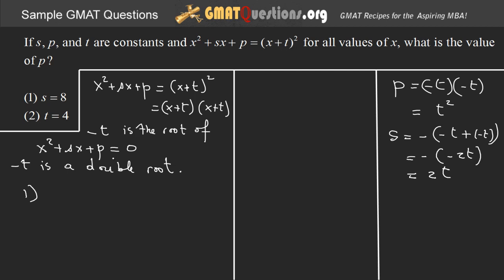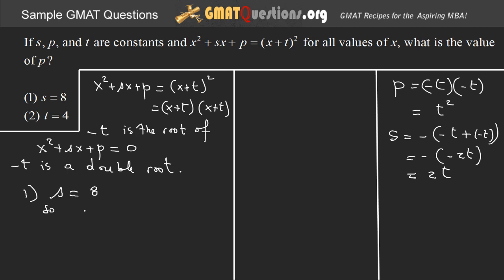I'm just using a slightly different method here, but you could have plugged the 8 here and then expanded this, and from there tried to compare the coefficients of x squared, the coefficients of x, and so on. It's a slightly different method, but really they have the same goal of figuring out if you can find p or not. So let's write down the fact that s is equal to 8.